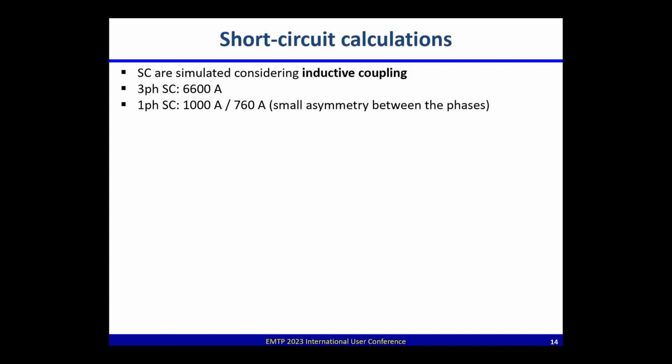And for the single pole to earth case, the fault current is 1000 amperes. The 760 amperes is the normal operating current. I've put this value here in order to show that we do not have as unbalanced a case as we would have expected for the single pole case.